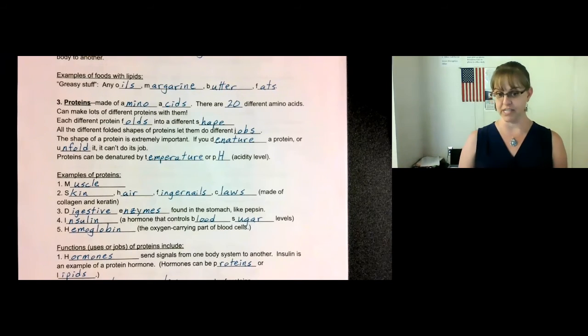Insulin is another protein. It helps control your blood sugar, and that's actually a hormone. Now, that's not your sex hormones like testosterone and estrogen, but it is a hormone. It carries a message to your body about your blood sugar levels. Hemoglobin is the part of your blood cells that carries oxygen. That's another protein. So see, proteins do all these weird things that you would never really think of.